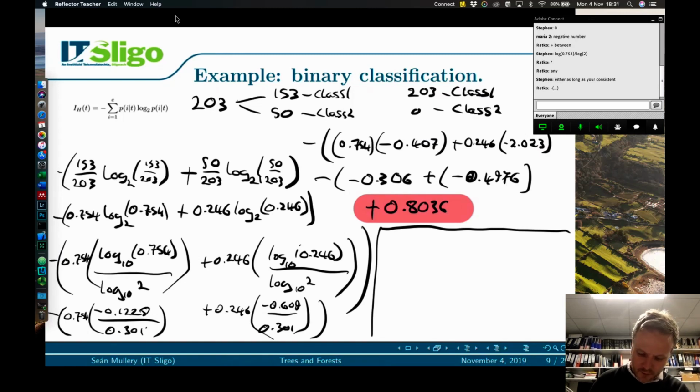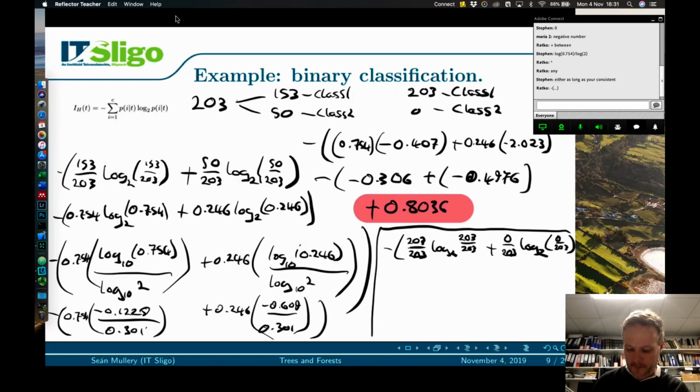So let's have a look. We've got a minus on the outside. We get 203 divided by 203 times log to the base 2 of 203 divided by 203. And then I'm going to add to that 0 over 203 by log to the base 2 of 0 over 203.